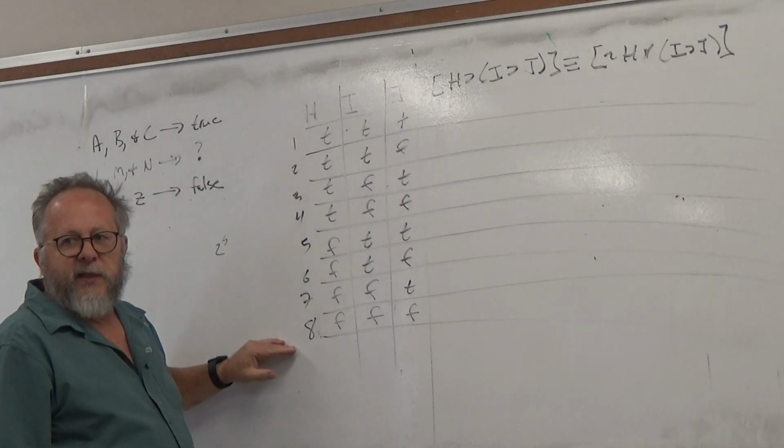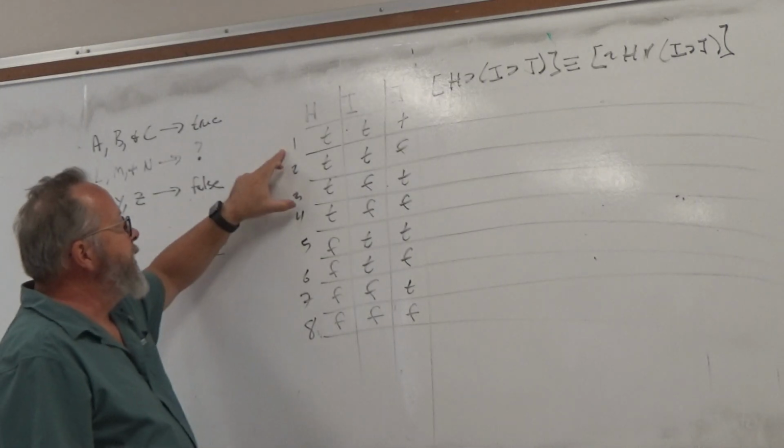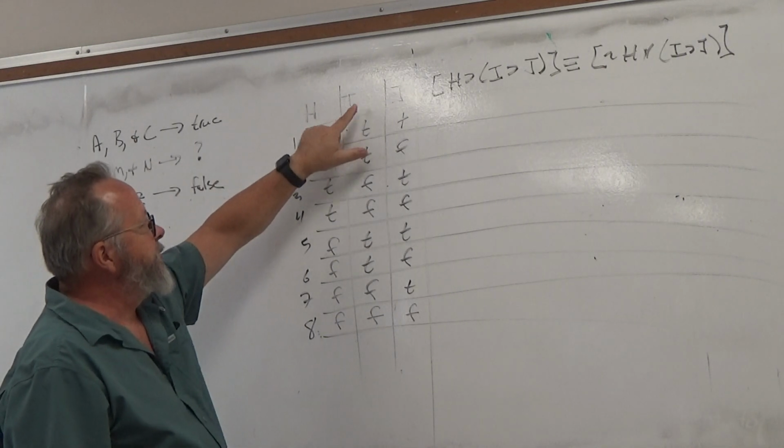And on each one of these lines, we're making different assumptions. On line 1, we're assuming H is true, I is true, and J is true.